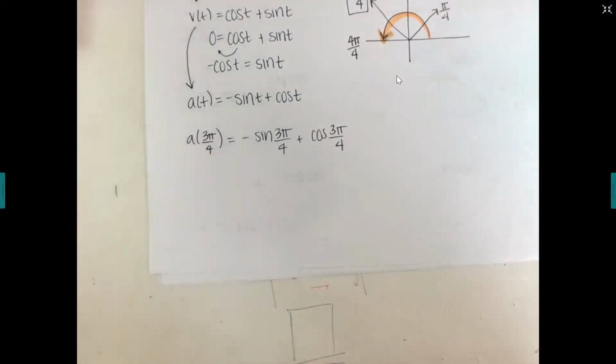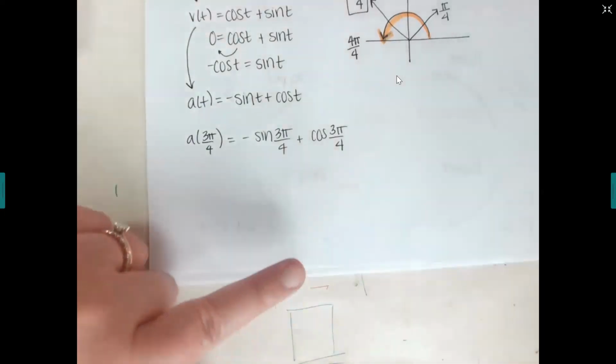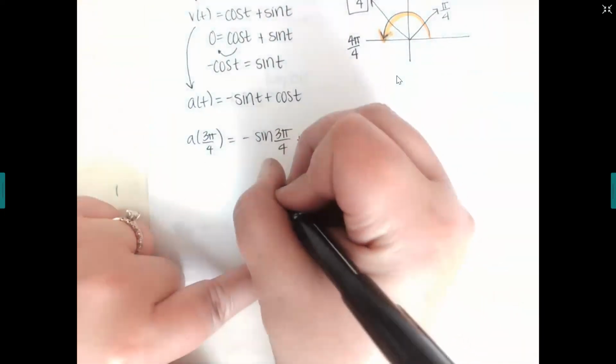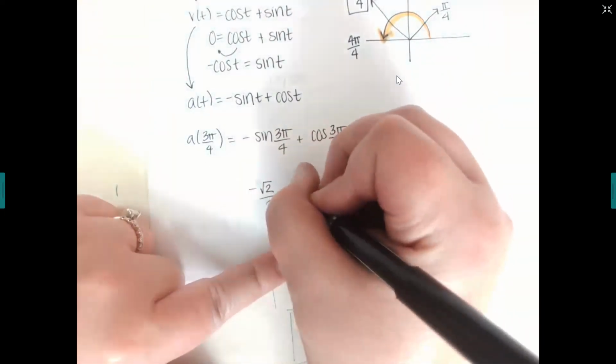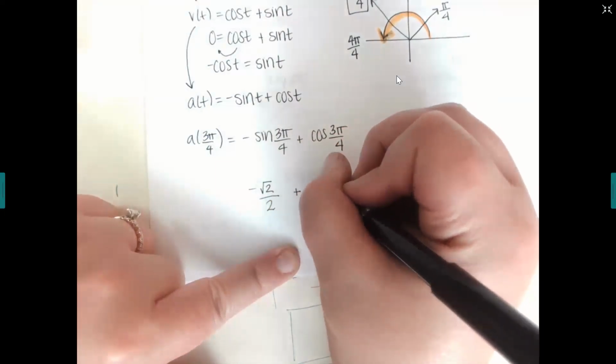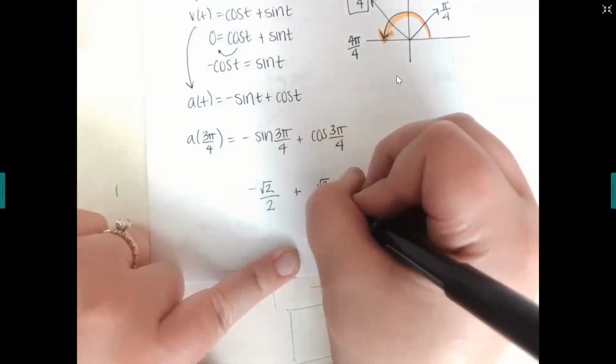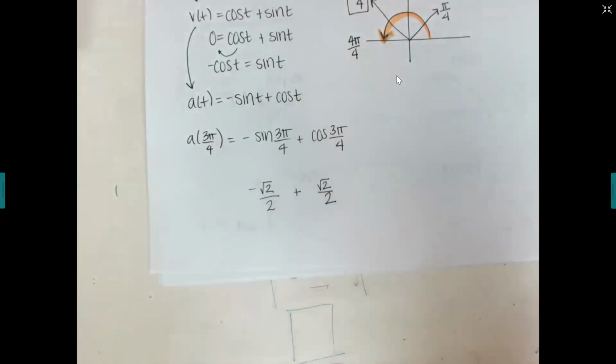So sine and cosine are both going to be what fraction? It's root 2/2. So then this is negative root 2/2 plus root 2/2. Okay, now there's one other problem with this that we have to think about.